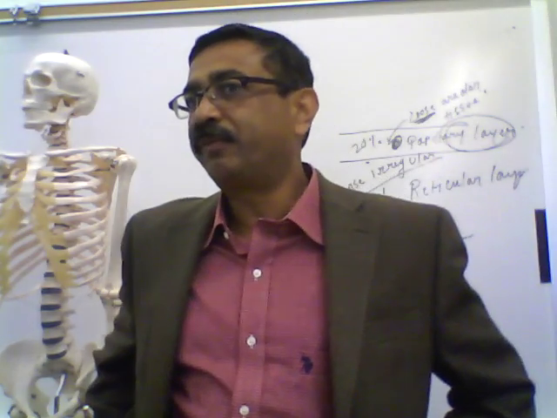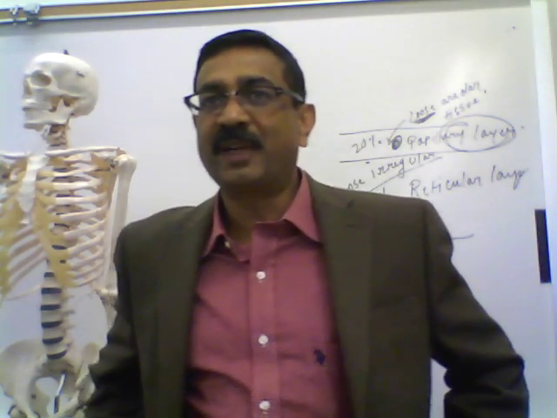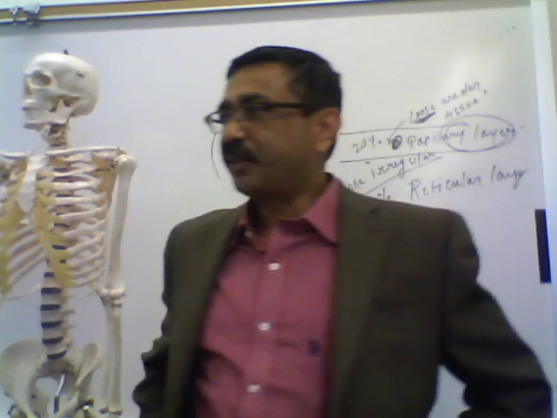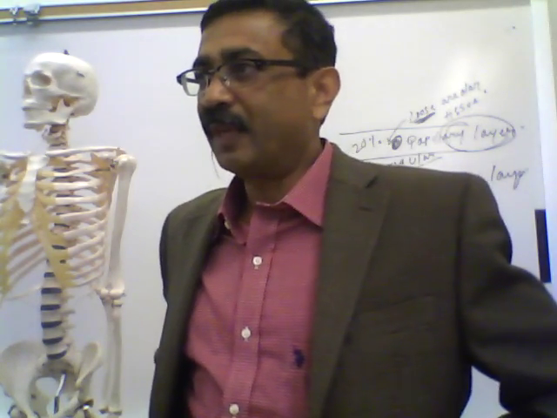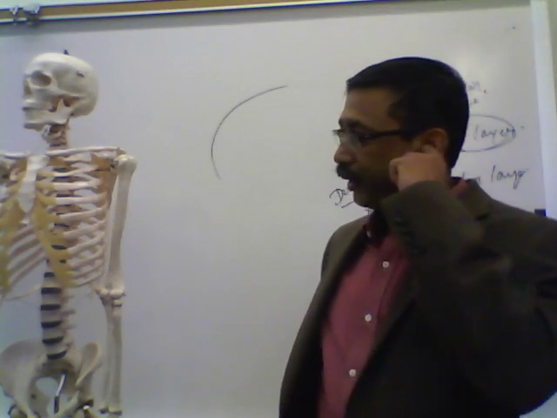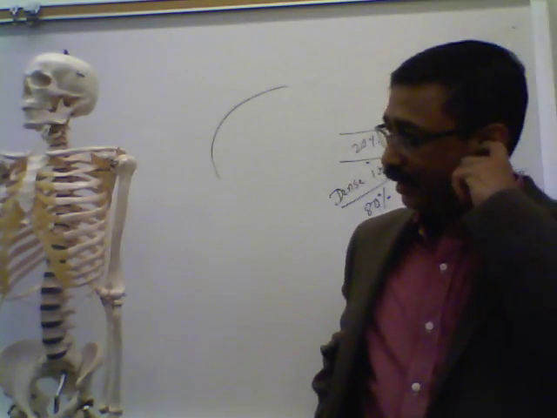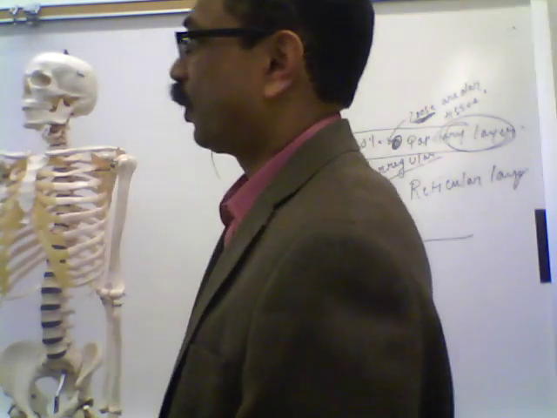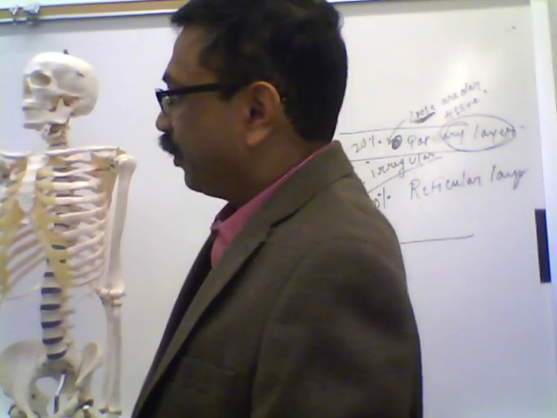You remember there are 4 or 5 layers in the epidermis, right? The innermost layer is the stratum basale. So if the cells of that layer multiply abnormally, that's the cause of basal cell carcinoma.